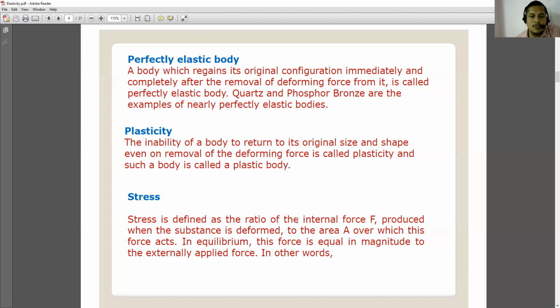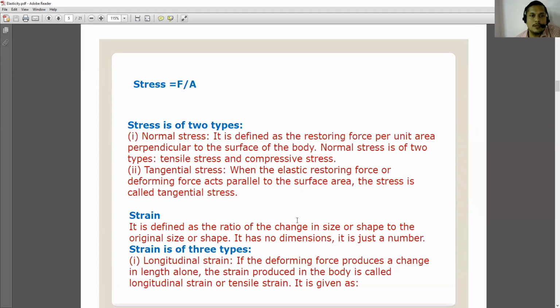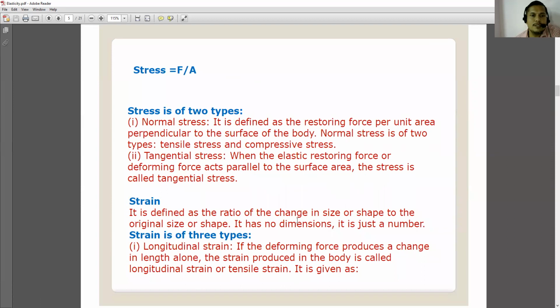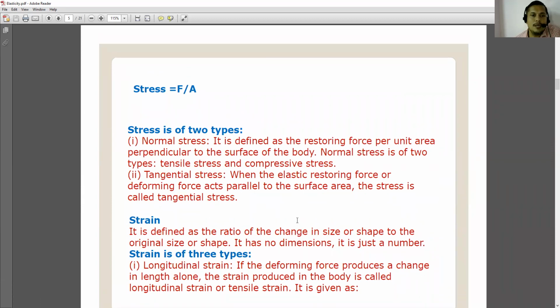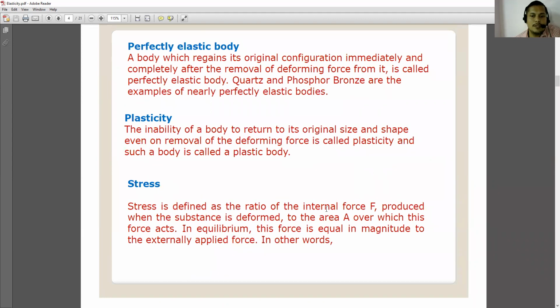Okay, so in other words, we can write stress is nothing but capital F upon capital A, where F is nothing but internal force and A is nothing but the area. So we are considering this particular point to understand what is meant by elasticity and what is meant by stress.